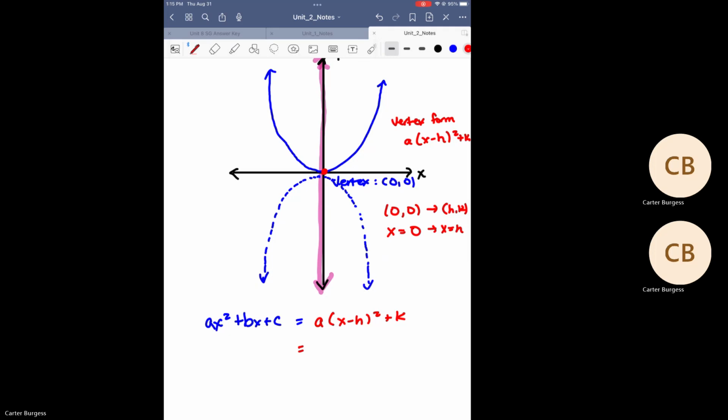But when you do out the Punnett square, you should get something that looks like a times x squared minus 2hx plus h squared plus k. And distributing that value of a through, what we end up with is ax squared minus 2ahx plus ah squared plus k.